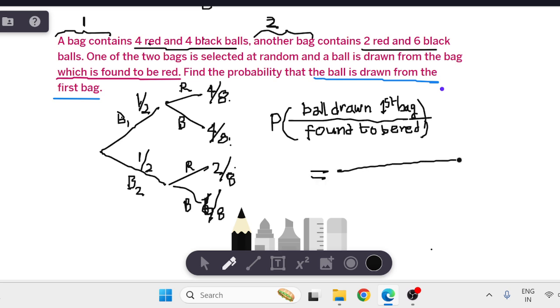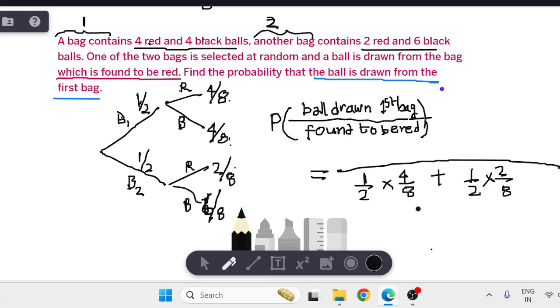So what's the total probability? We can choose a bag, that is half, into choosing a red ball, 4 by 8. I have to always choose a red ball, plus I can choose bag 2, this is the total.